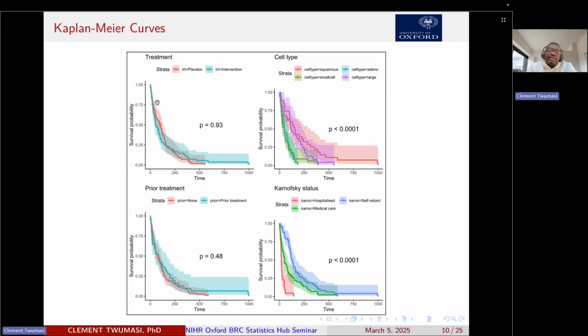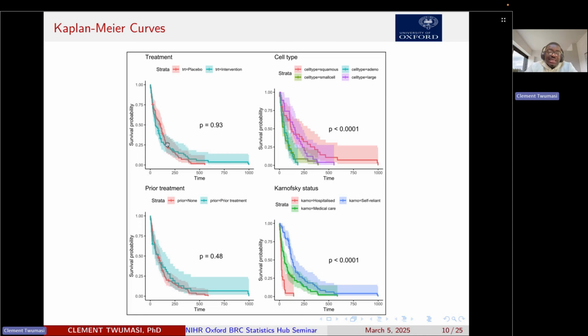Whenever you do the Kaplan-Meier curve visualization, you also need to statistically test whether there's a significant difference between the survival curves. A popular test is the log rank test. An insignificant p-value indicates that there's no significant difference in the survival curves or survival times between the groups of the variable under investigation.